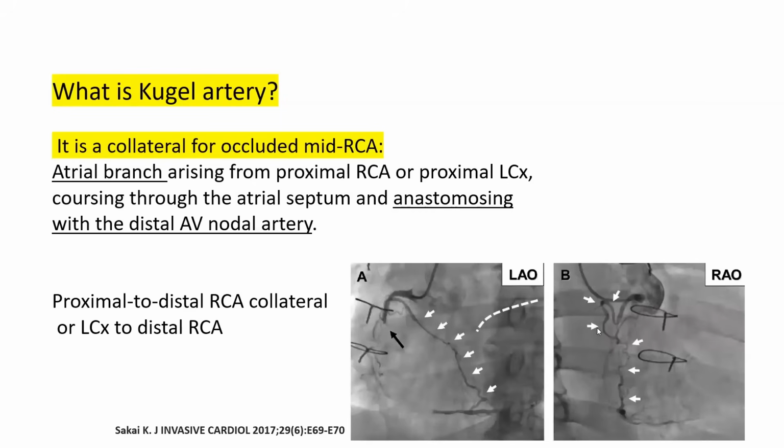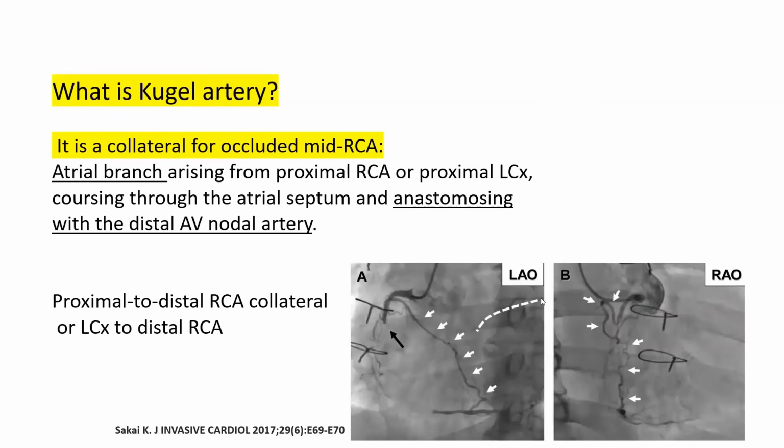And the atrial branch connects to the AV nodal branch. So atrial to AV nodal branch communication. Right to right, atrial to AV nodal branch communication. And it navigates through the atrial septum all the way to the AV node at the bottom of the atrial septum. So atrial branch to AV nodal communication.